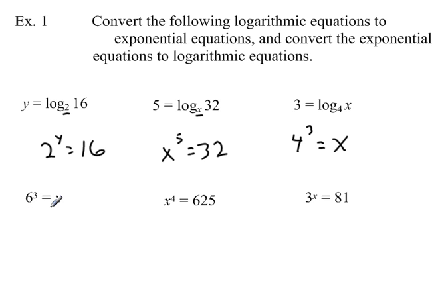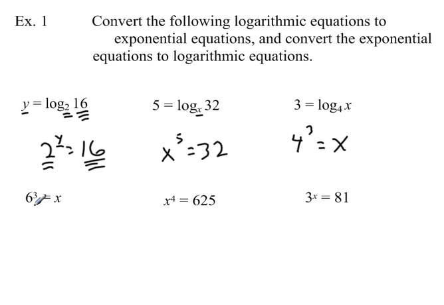So if we start with an exponential equation like these, it's easier to write it logarithmically. Well, remember, this number that's out here in front, this is your base. This power is your answer of your logarithmic equation, and this number out here corresponds with this number in the logarithmic equation.